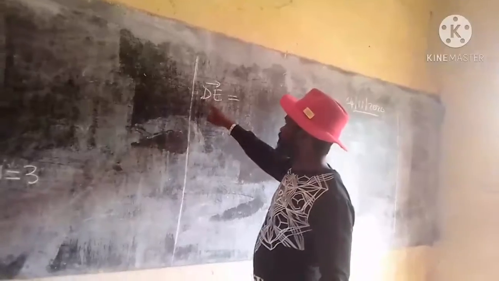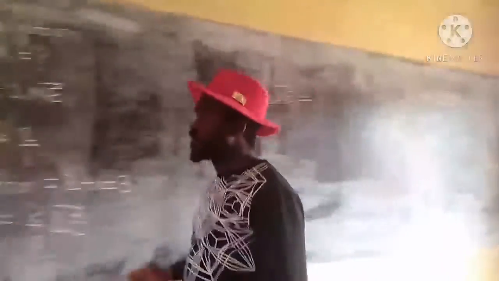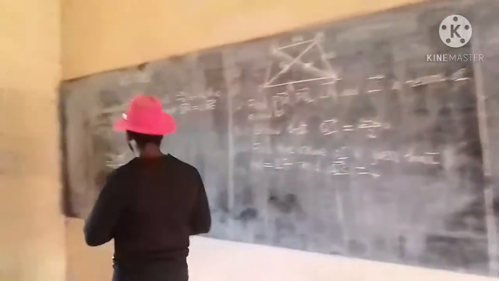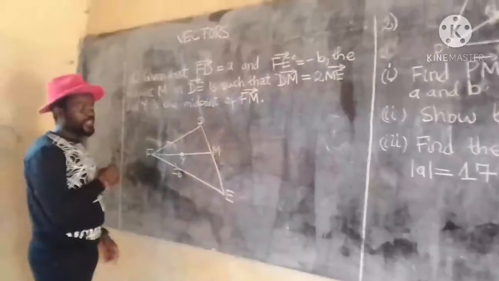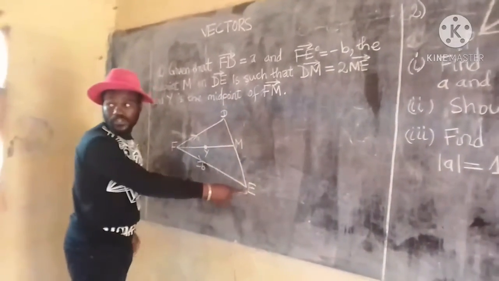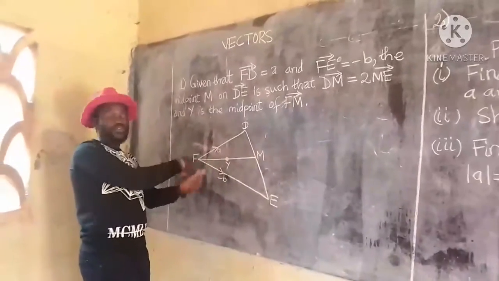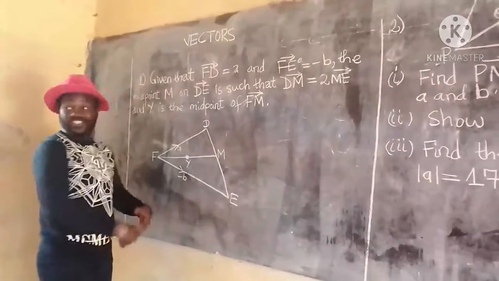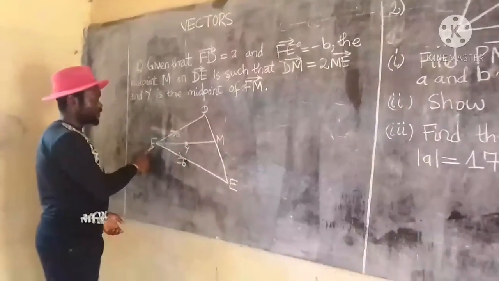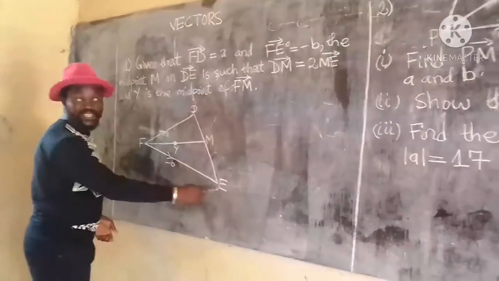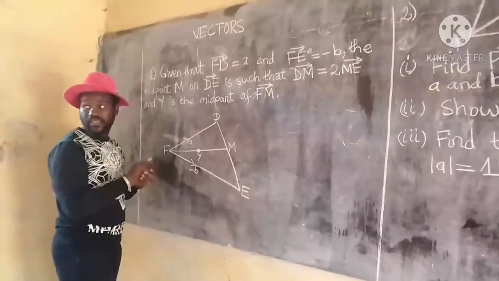DE means that you are moving from point D to point E. Look at the diagram. We move from point D to point E, so our end point is E. Instead of moving this way, you can move from D to F, F to E. That will include a and b as set in the question.